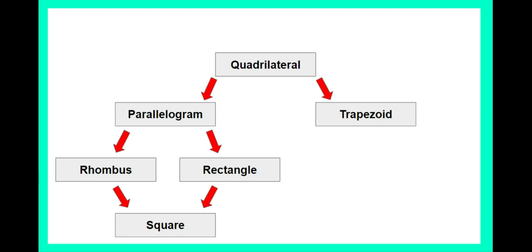Again, remember, a trapezoid is a quadrilateral, but it is not a parallelogram. Under parallelograms, we have a rhombus, a rectangle, and finally a square. If you remember from previous videos, a square can be a rhombus, a rectangle, and a parallelogram.